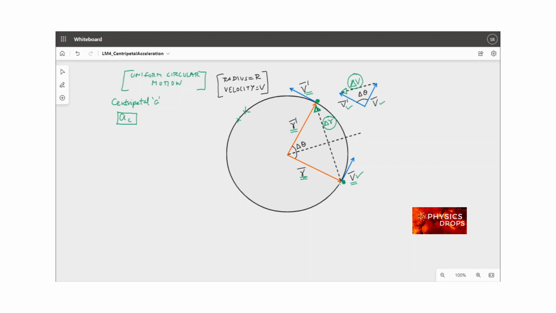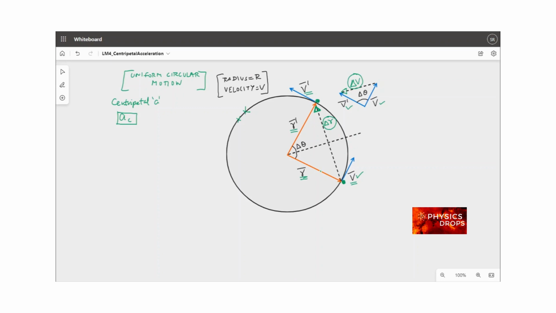Now we know that v is perpendicular to r because of this tangential nature. We know that v is perpendicular to r, which means that delta v is also perpendicular to delta r, because the same perpendicular nature is carried over to the differences.